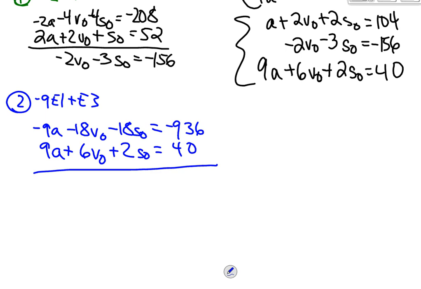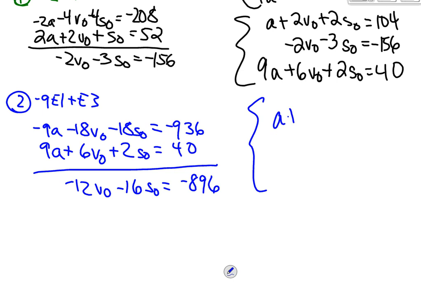When I combine like terms, the A's drop out. -18V0 plus 6 is -12V0, and -18S0 plus 2 is -16S0, and then equals, what's -936 plus 40? -896.